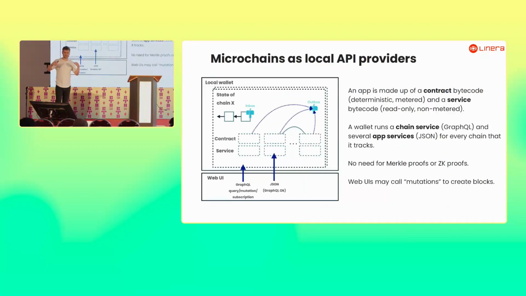So now let's zoom in into this idea of having a wallet tracking chains. So when you're using microchains, your wallet is going to have actual chain of blocks for the microchains that the user cares about. And then this chain, a particular chain, will have a number of applications that are being used.